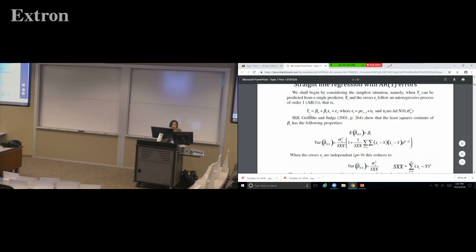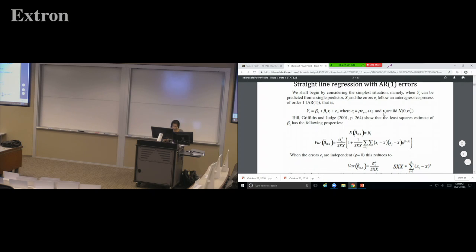That is, we're looking at Y_t equal to beta naught plus beta 1 x_t plus e_t, where these e_t's are equal to rho times e_{t-1} plus nu_t. This nu_t is independently identically distributed normal with a mean of 0 and a variance sigma squared.